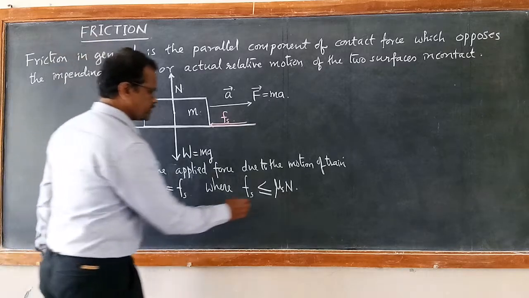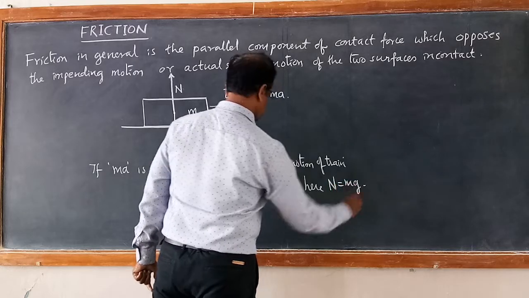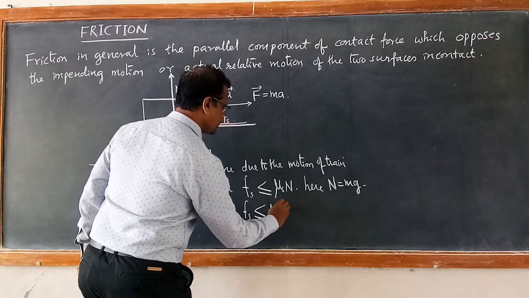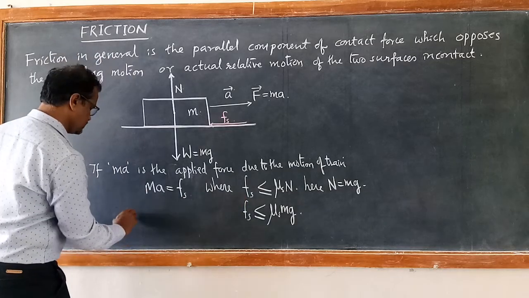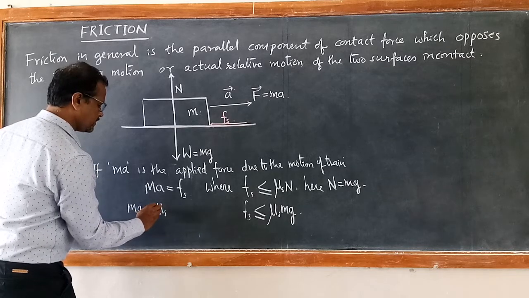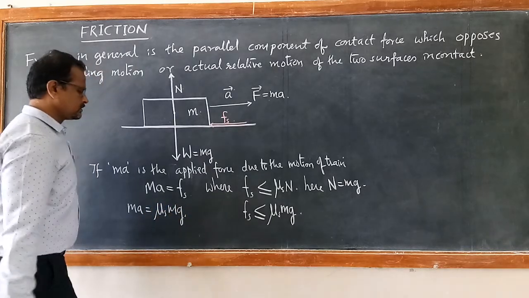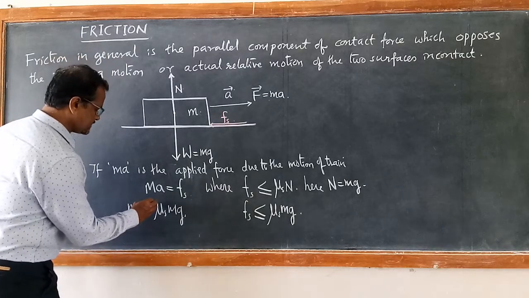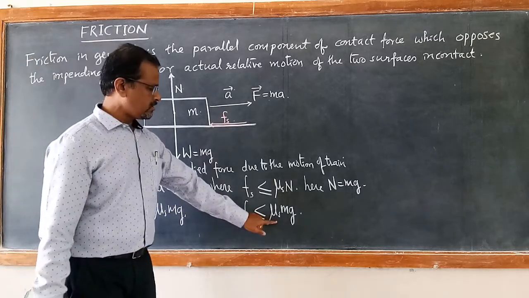Okay. So then what is n? Here n is also equal to mg. Therefore, Fs must be less than or equal to mus mg. So if you substitute, ma is equal to Fs, but Fs is less than or equal to mus mg.